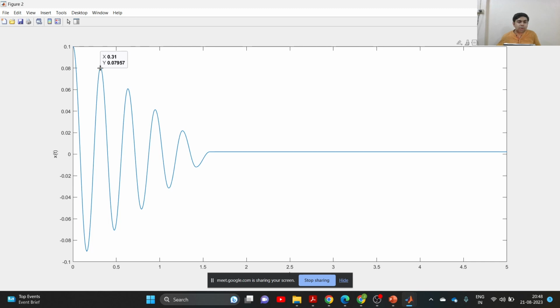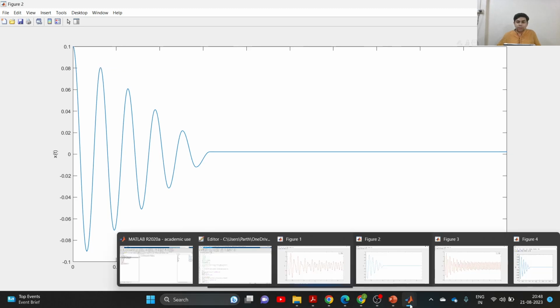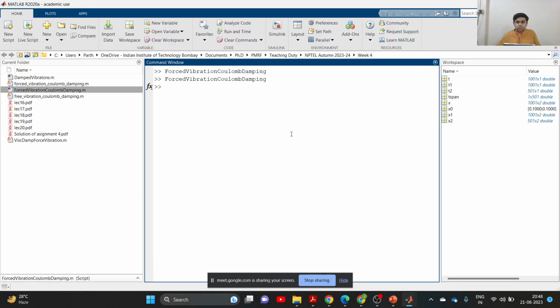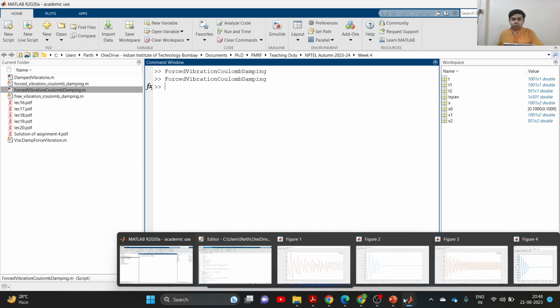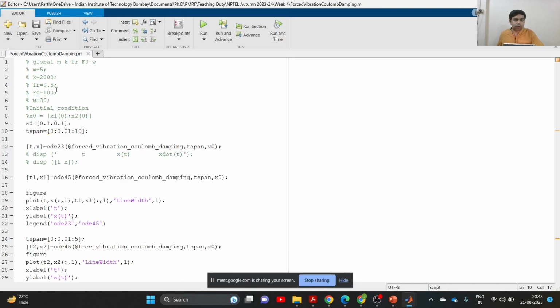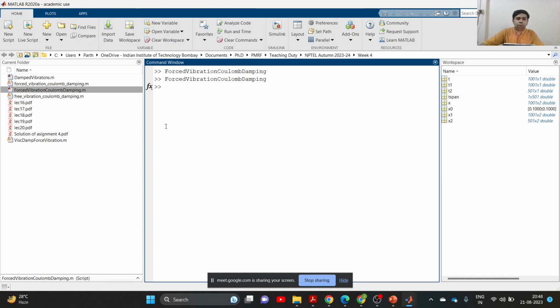So the amplitude has reduced by 0.07957. We will verify that. Our coefficient of friction was assumed to be 0.2.